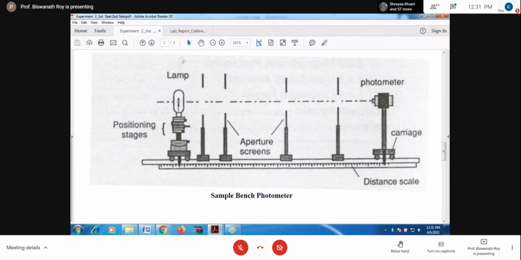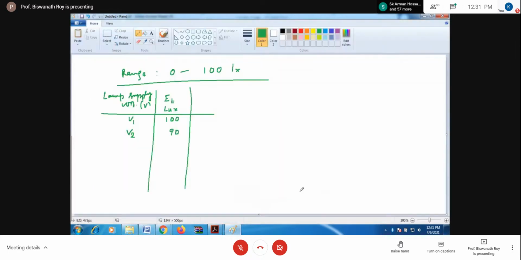I adjust the supply voltage of the lamp such that the lux meter values are 100, 90, 80, like this, and ultimately we reach 10.